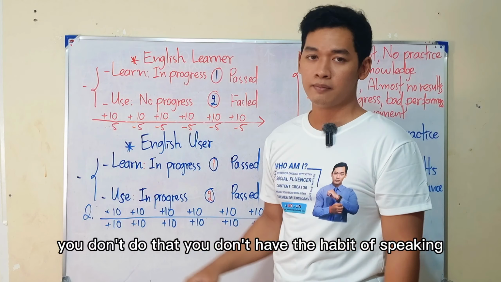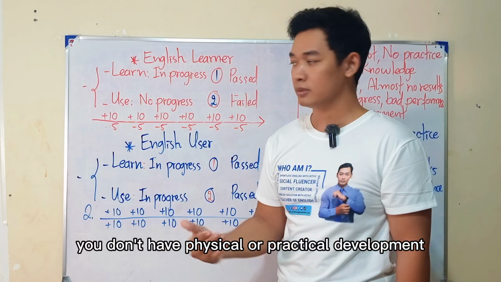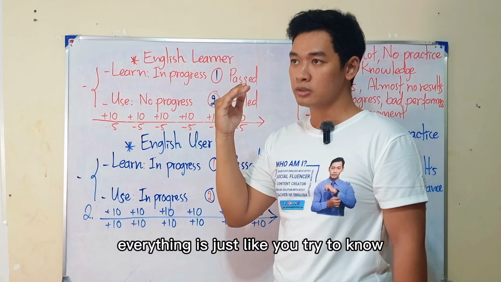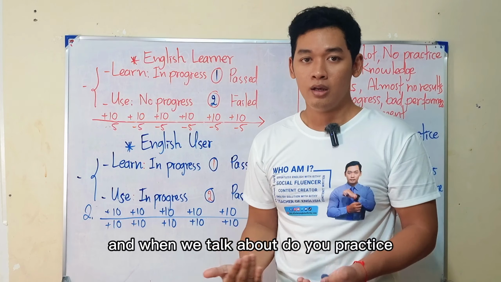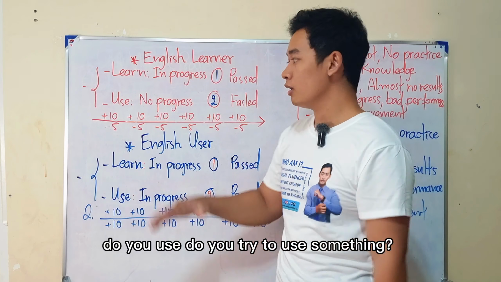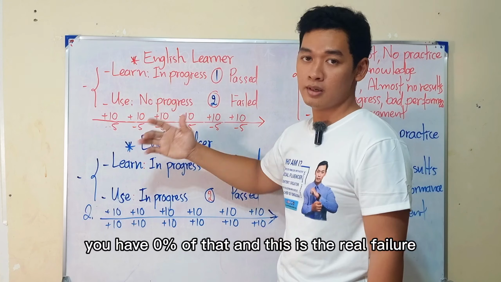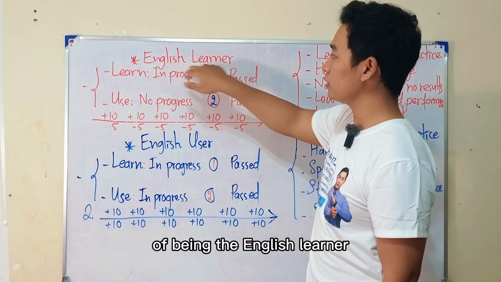You don't have the habit of speaking. You don't have physical or practical development. Everything is just that you try to know, you try to know only. And when we talk about whether you practice, whether you use, you have 0% of that. And this is the real failure of being the English learner.